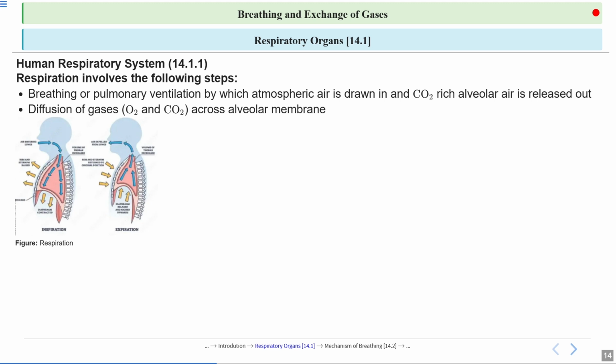The oxygen passes through the alveolar membrane and enters the blood capillaries, and the carbon dioxide enters from the blood into the alveoli. So respiration involves inspiration and expiration. In inspiration, you inhale atmospheric air into the lungs, and in expiration, the carbon dioxide in the alveoli is released out of the body.